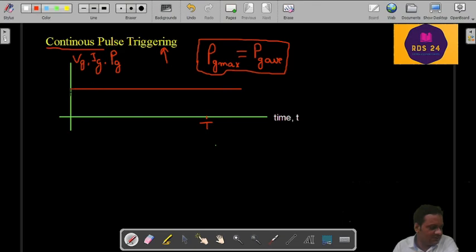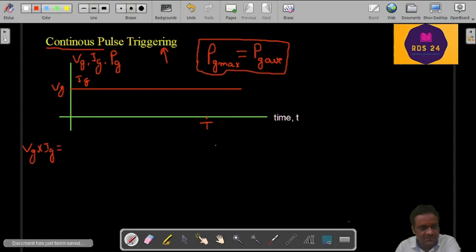Because of these continuous firing pulses, this kind of shape, a DC kind of signal, we are going to apply to the gate. At this point our Vg is constant, Ig is also the same thing. So the multiplication of these two factors, Vg into Ig, is also constant.